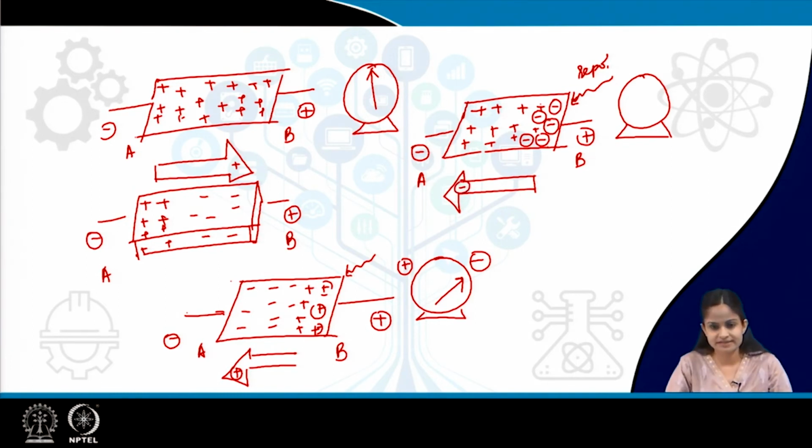So, what is happening? Negative charges are flowing towards a negative electrode. When negative charge flows towards the negative electrode, similar charges flowing toward the similar electrode, there will be again positive deflection, not negative deflection.